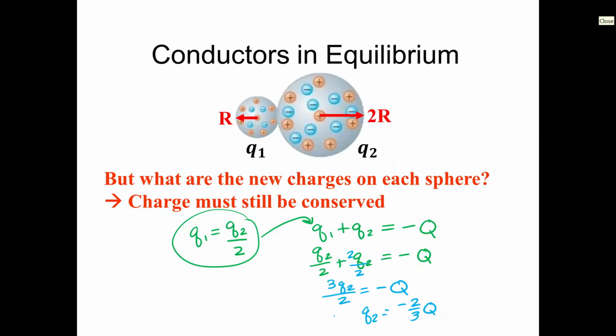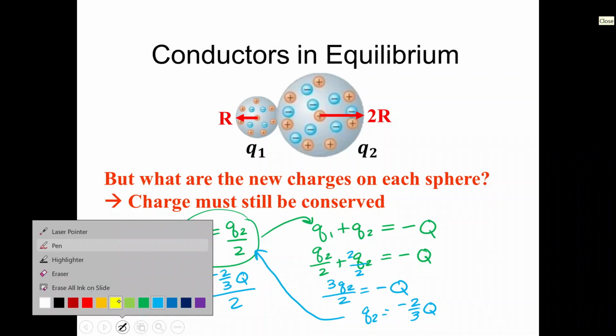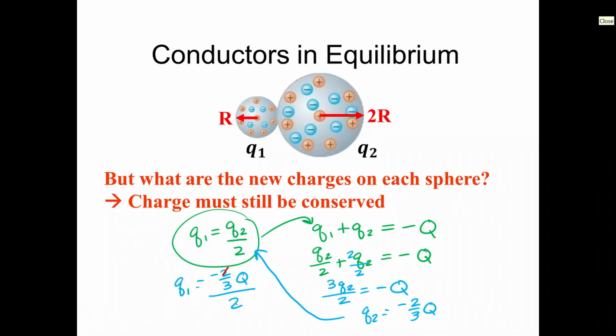I can then take that back in and plug it in over here. So Q1 has to equal Q2, which is a negative 2/3 Q, over 2. What ends up happening is the 2 on top and bottom cancel. So Q1 must equal a negative 1/3 Q's worth of charge.